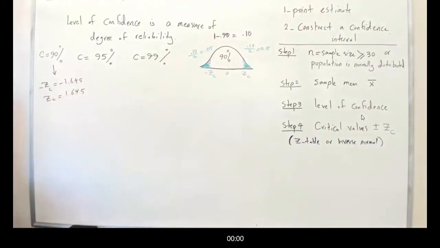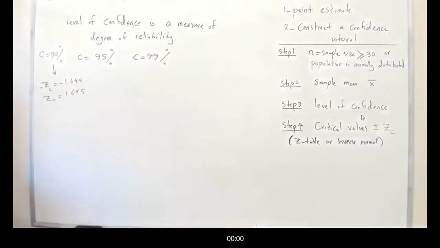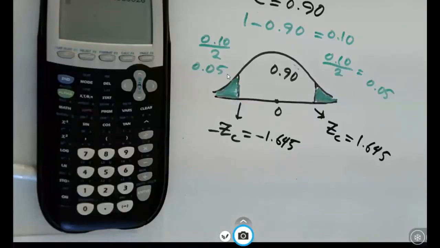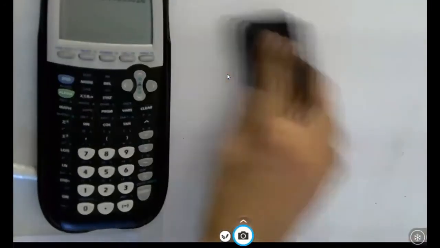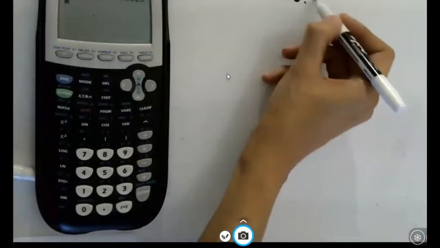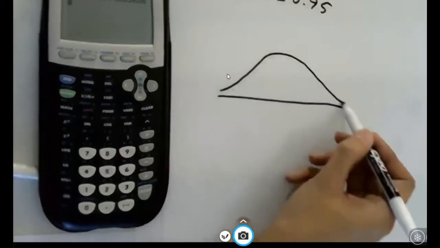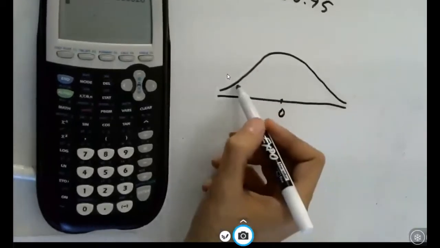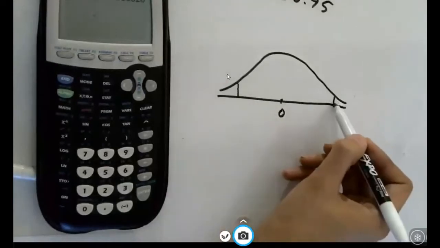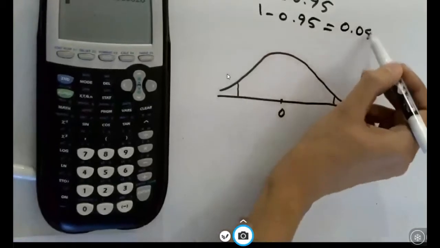How about 95%? Take a look at 95%. So C is 95%. Here we have standard normal distribution, 0, 95%. 1 minus 95% gives you 5%.